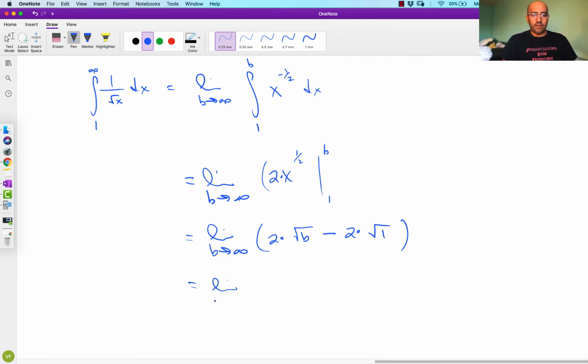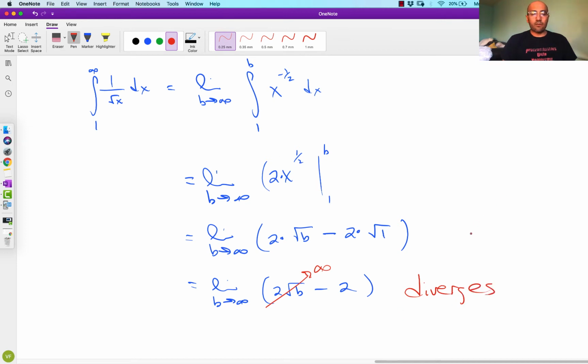This is the limit as b approaches infinity of 2 root b minus 2. But as b goes toward infinity, square root of a number growing out of control is still going to be a number growing out of control. This goes off to infinity. Minus 2 doesn't make a difference. So the whole thing diverges.